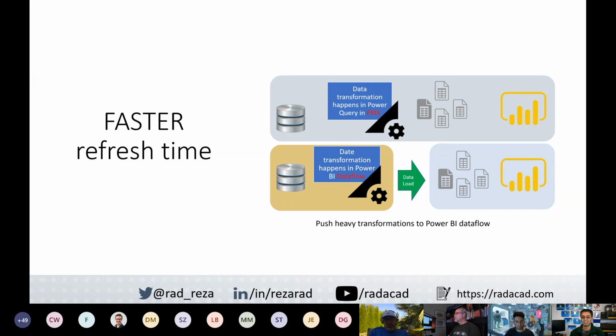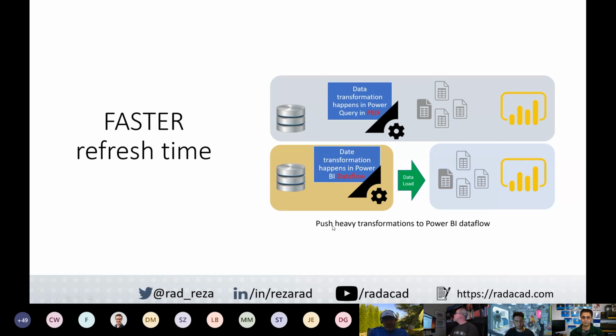It takes quite a bit of time to process it. And whenever you want to refresh your Power BI Desktop to continue your normal development work, you have to wait like half an hour. You can push that part of the transformation, which is heavy lifting, into a data flow. And then Power BI just gets data from the already transformed result.